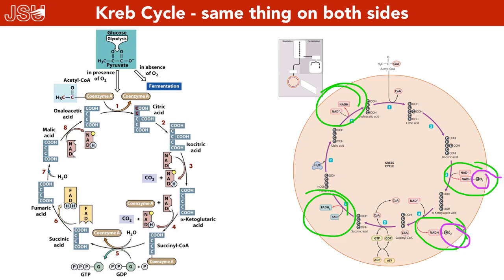That's the other reason we breathe out CO2. We're also going to make a little bit of ATP in its form called GTP, but for now we'll just say it's equivalent to an ATP. So we're not making a lot of energy ATP-wise in the Kreb cycle, but we're making the carriers necessary to make that energy later on.